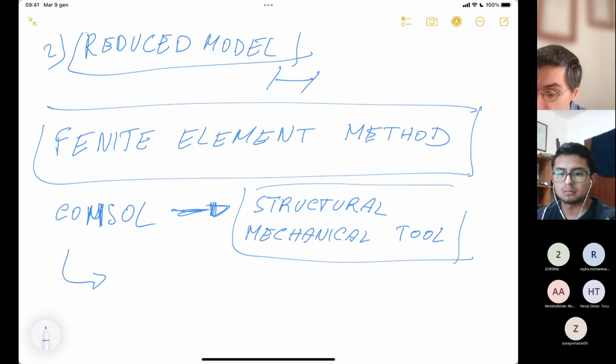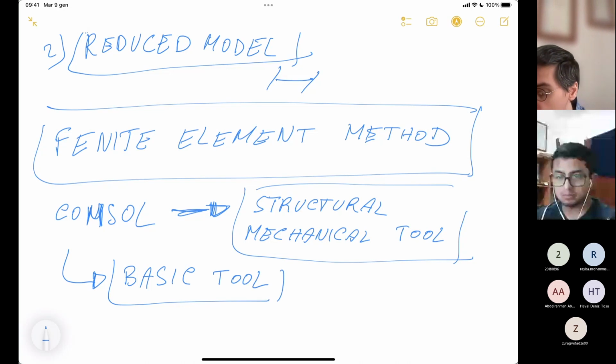What is interesting is the fact that in COMSOL, you can write your own equation from scratch using a basic tool. So all the models that we are able to write in our course can be programmed from scratch in COMSOL.